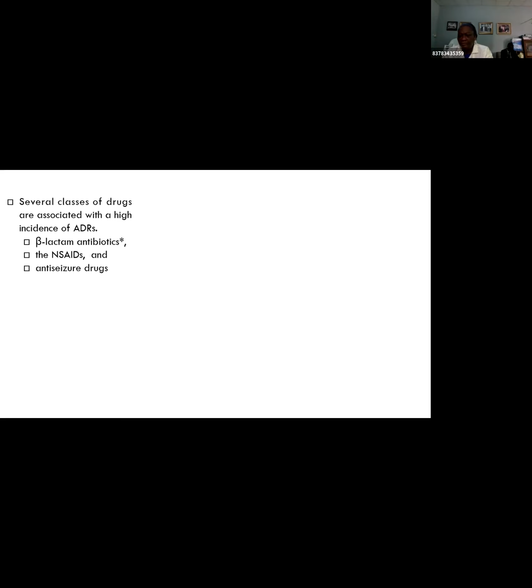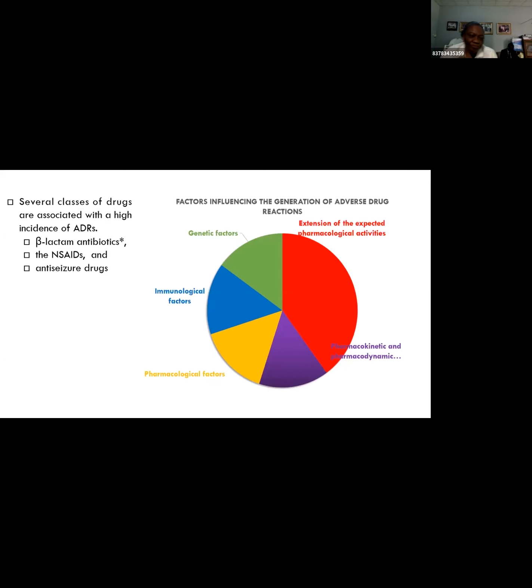Basically, we have the beta-lactam antibiotics, which have the highest incidence, followed by the non-steroidal anti-inflammatory drugs and anti-seizure drugs, specifically carbamazepine.